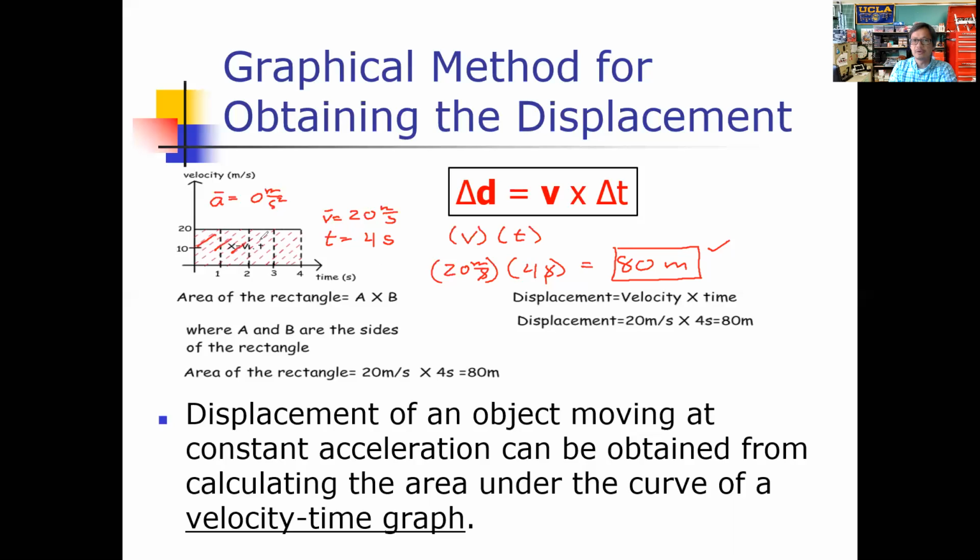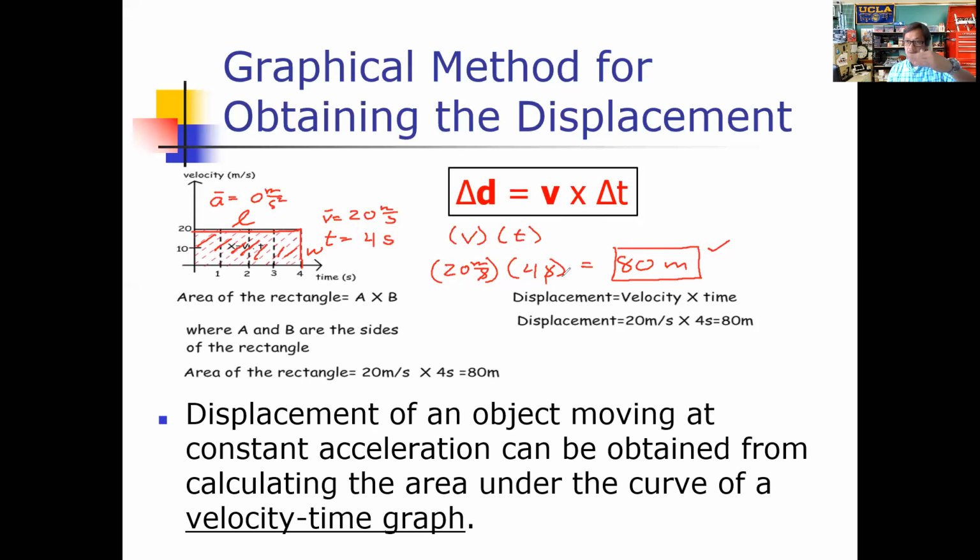Now, if you notice here, I've shaded the square for you. What we've done is take the length and the width of this particular rectangle that we can form. If you take the length and the width here, you have found the displacement.